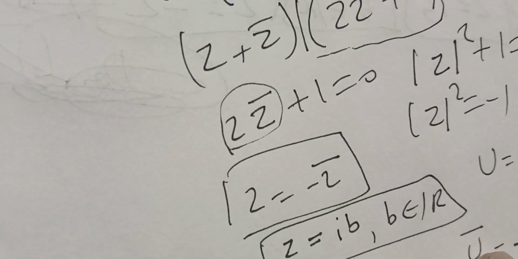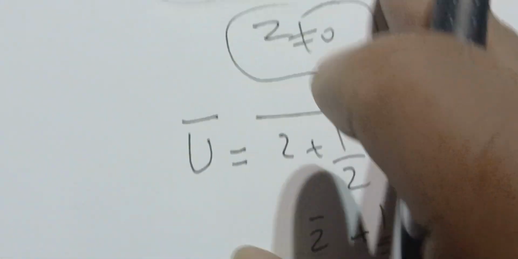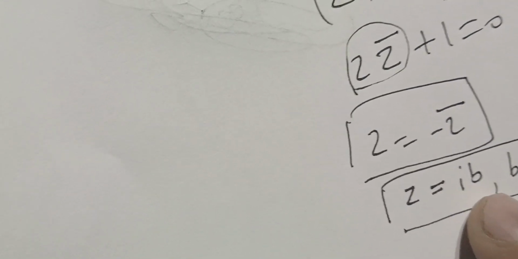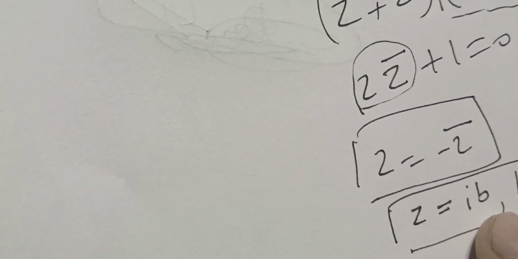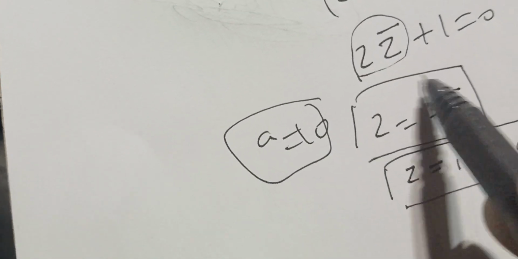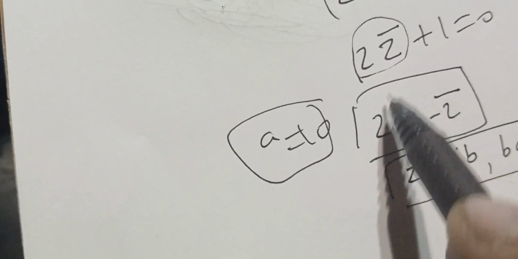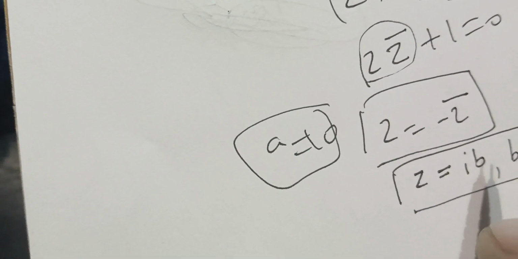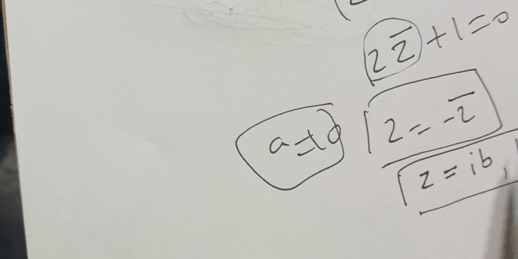So the condition that makes u pure imaginary is that z can be written in this form, or we can say that z is just a pure imaginary number. That means a is 0. You can check it here, or you know this from your knowledge that z bar is minus z if and only if z is a pure imaginary number. Thank you.